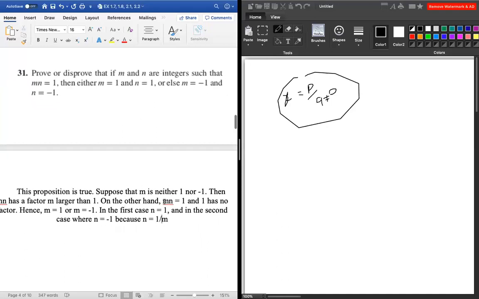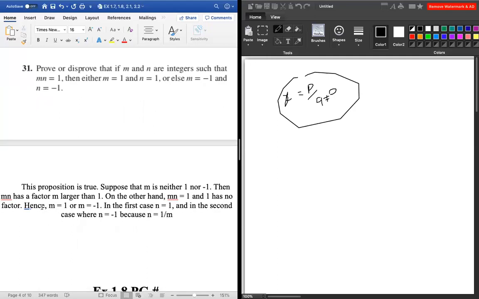On the other hand, if mn equals 1 and 1 has no factor, then m equals 1 or m equals minus 1. In the first case we had n equals 1, and in the second case, we know that n equals 1 over m.